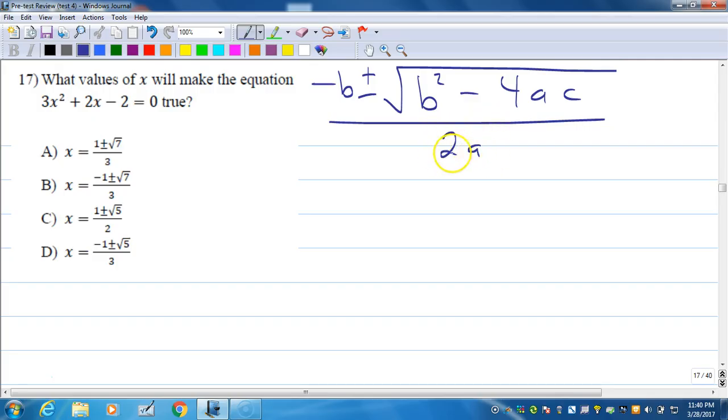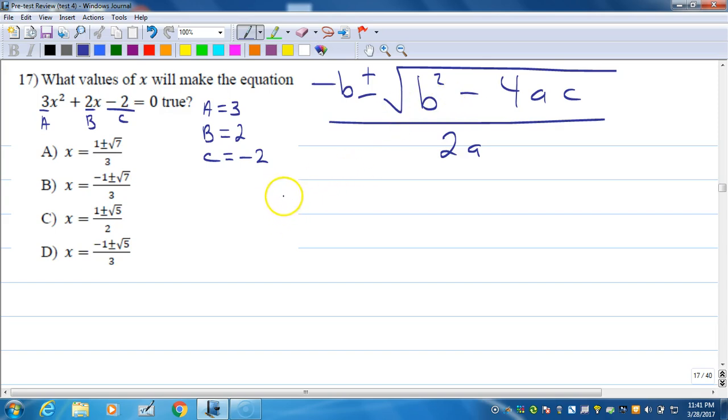And yes, that's my favorite formula, because it's awesome. First, this number here is a, that number is b, and negative 2 is c. So a is 3, b is 2, and c is negative 2. And then just plug the numbers in here, and you're done.